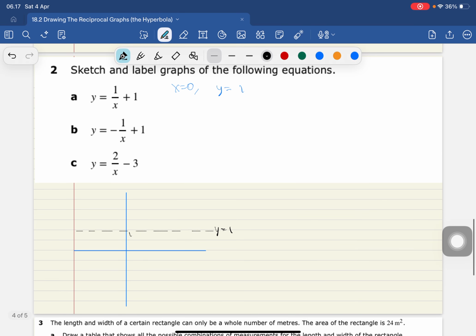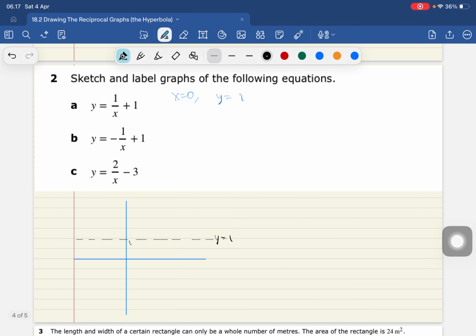So let's see if they intersect. So when y equal to 0, it's going to be 0 equal to 1 over x plus 1. So it's negative 1. Yeah, x equal to negative 1.